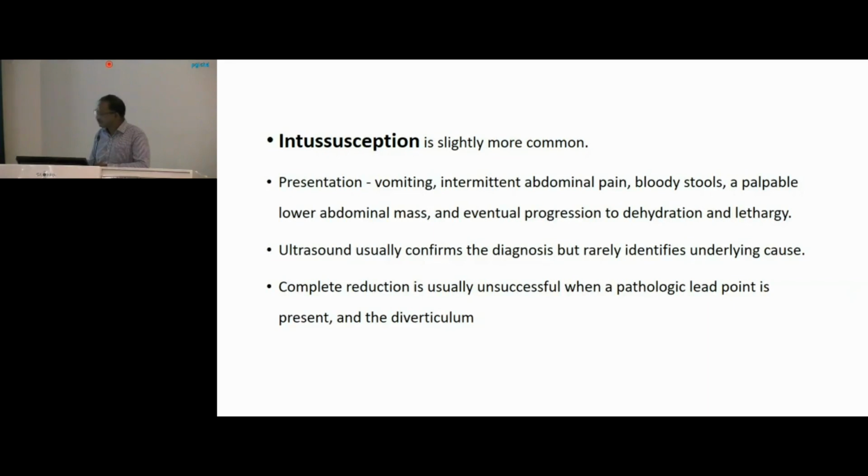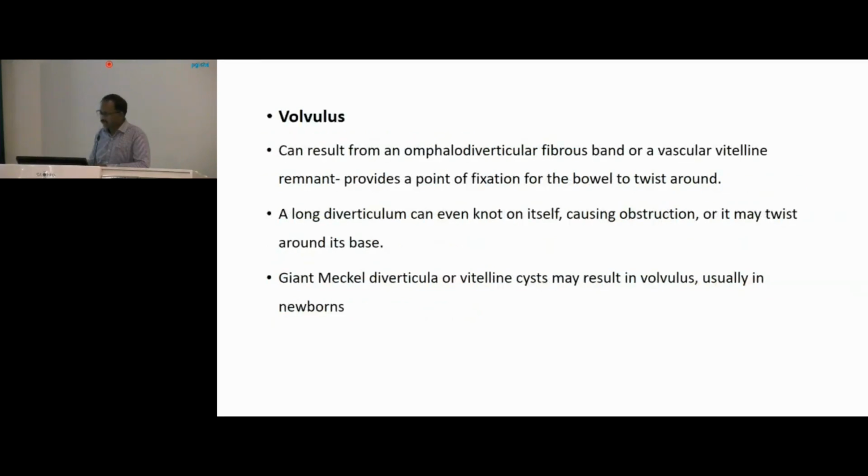As I have already discussed, complete reduction is usually unsuccessful when a pathologic lead point like Meckel's diverticulum is present. Other findings like volvulus can result from twisting of the bowel around the fibrous band or vitellointestinal ligament. A long diverticulum can also even knot on itself, as I have told.